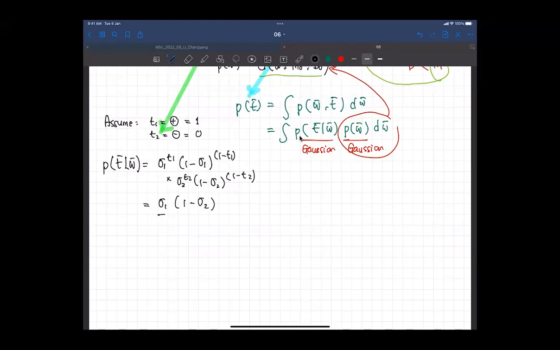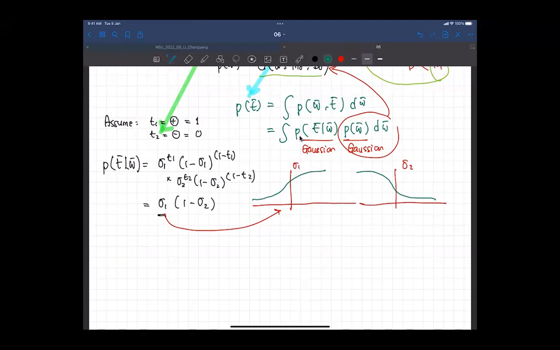So what does the first one look like? It looks like a letter S, and that one is sigma 1. And sigma 2 looks like the inverse of that one.